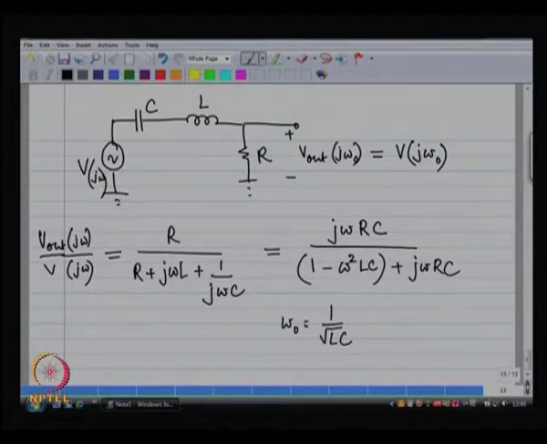right, and what is not being told to you is what are the drops across the capacitor and the inductor at the resonant frequency. Now, this you are going to find out, they are going to be equal to Q times V. Actually, there is a j somewhere.